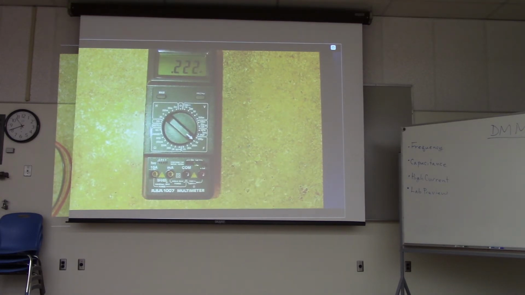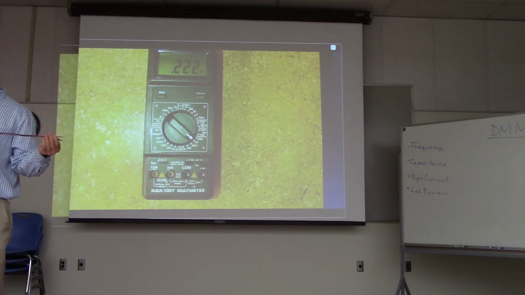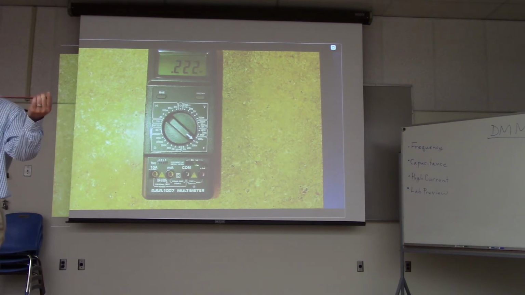You might ask why we don't use the leads to measure the capacitance. And the reason is that if you have two long leads stretched out next to each other, really what's going on is that you have two pieces of metal next to each other separated by some insulating material, right?